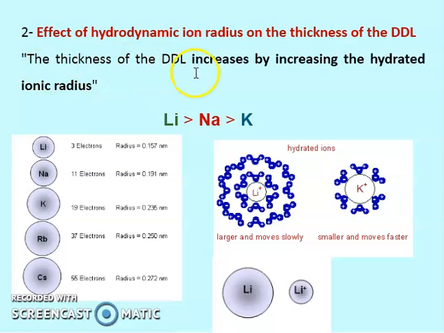Here the thickness of the double layer increases by increased hydrated ion radius or hydrodynamic diameter.